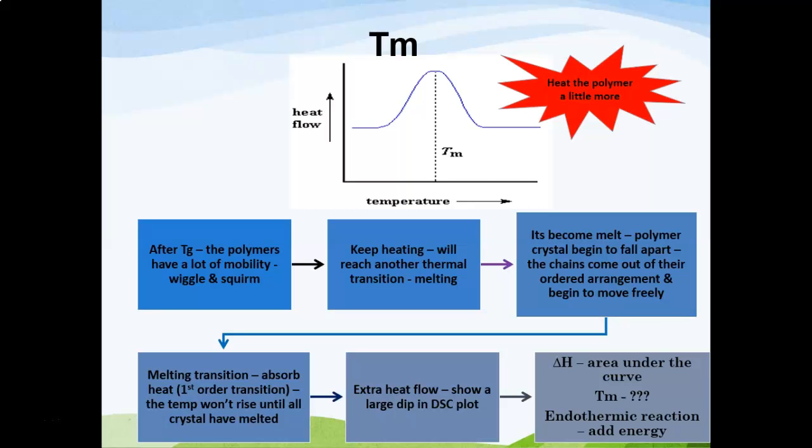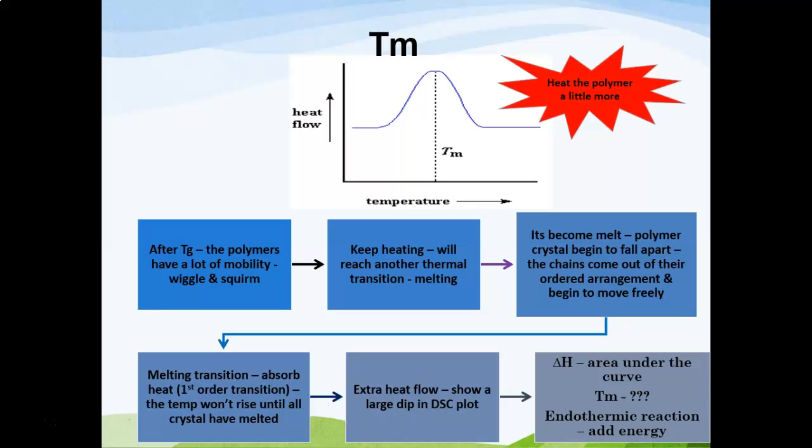We continue chapter 8 DSC with melting temperature. If we keep heating the polymer past its crystallization temperature, which is TC, we will reach another thermal transition called melting temperature or TM, whereby polymer crystals begin to melt and the chains come out of their ordered arrangement and begin to move around freely.